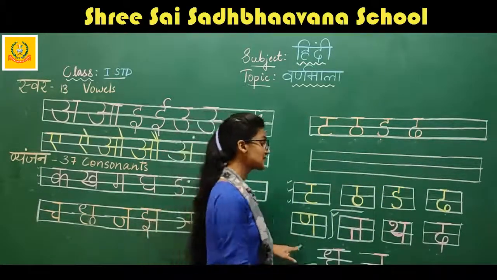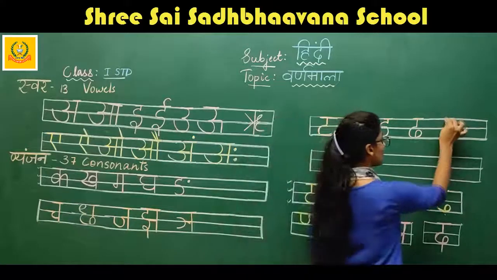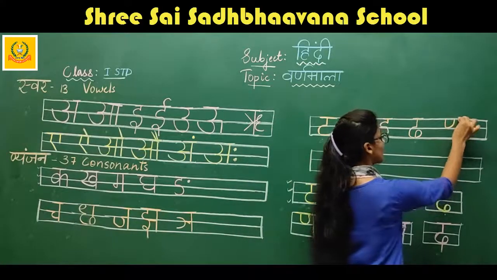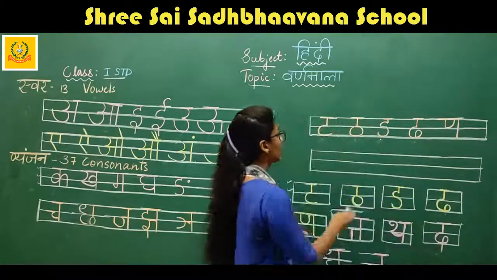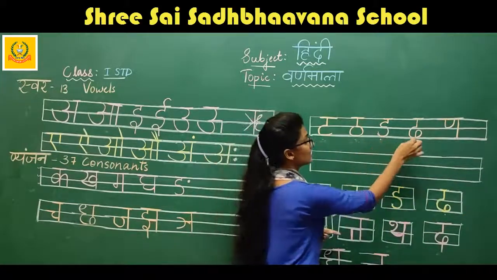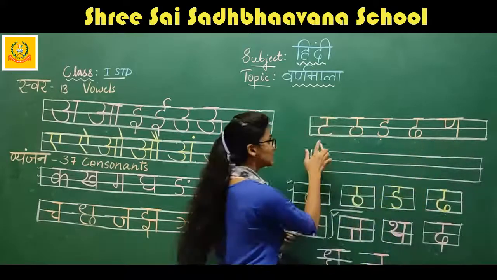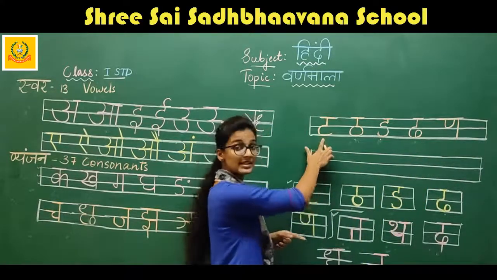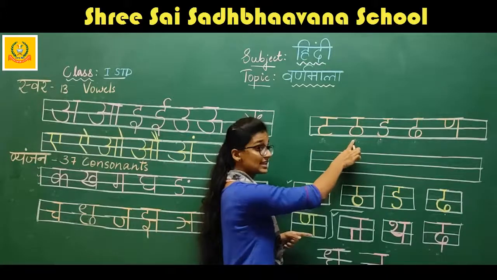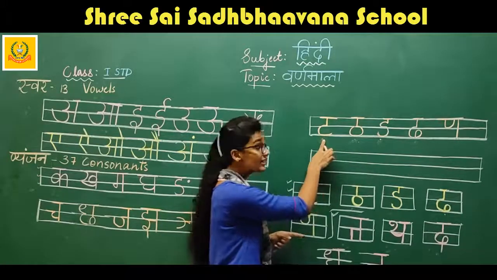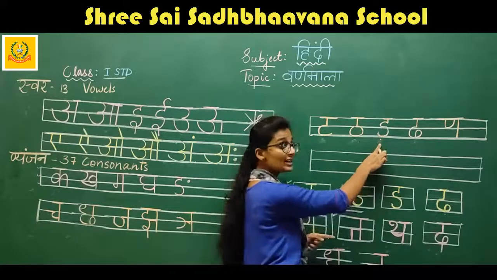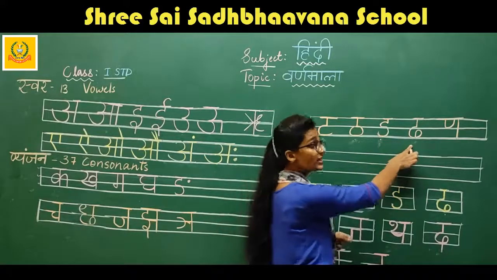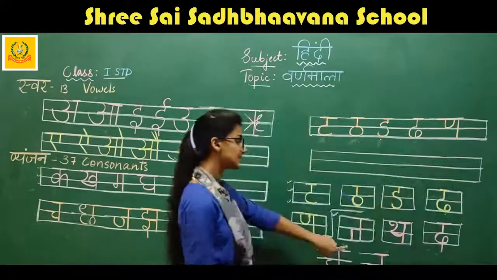See here, look at this. One curve, upper curve, and one standing line, and one sleeping line. Na. Now next, tha.